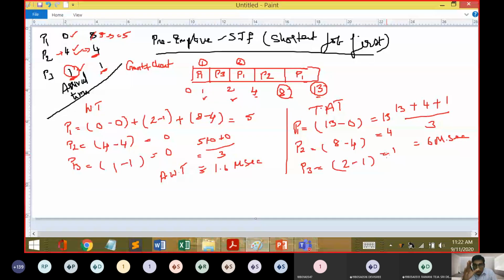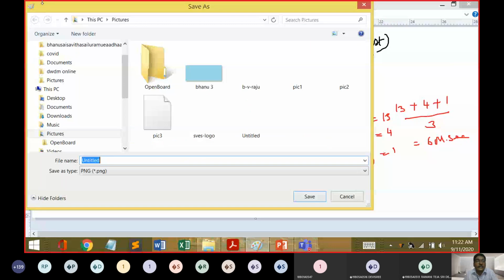But as far as non-preemption is concerned, we assume all the jobs arrive at 0 milliseconds. That is the main difference between preemption and non-preemption. That is how we end this topic, and this unit also.